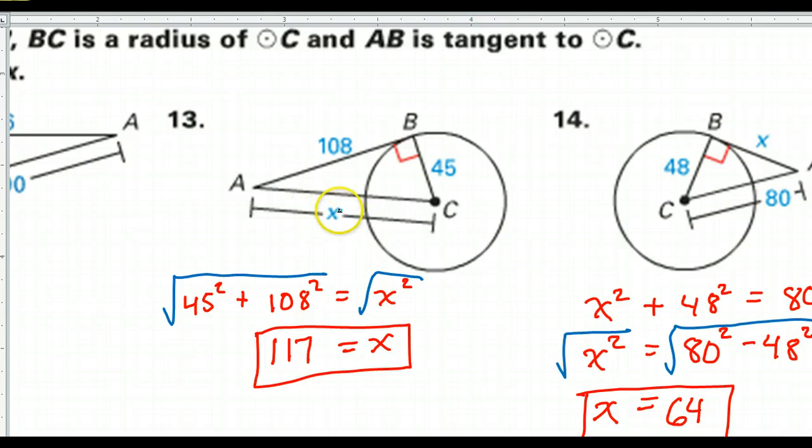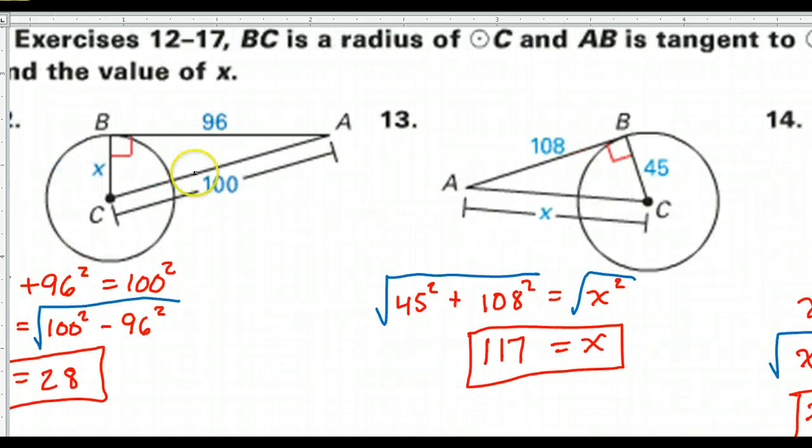You can tell that this x is supposed to represent the entire hypotenuse because of these arms that are reaching out all the way from A to C. Same thing on all the problems. I can tell this 100 is the whole hypotenuse because it has these lines reaching out, showing that the 100 stretches all the way across.